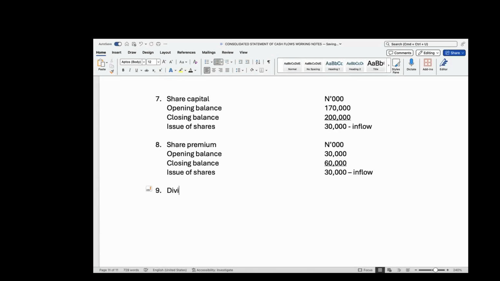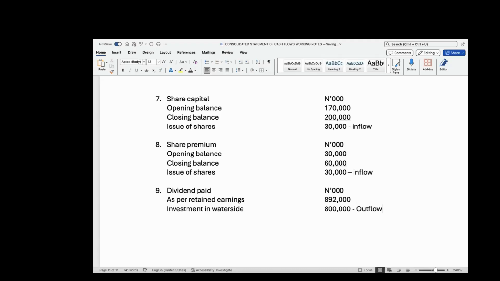Dividend paid as per the retained earnings schedule is 892, but investment in Waterside was 800.